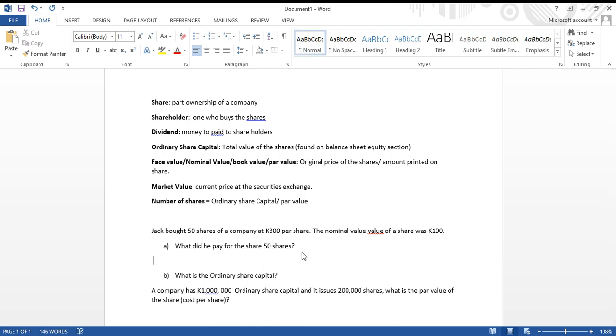So what did he pay for the 50 shares, right? It was 300 kwacha per share. So we're just going to say cost of shares is 300 kwacha times 50 shares.